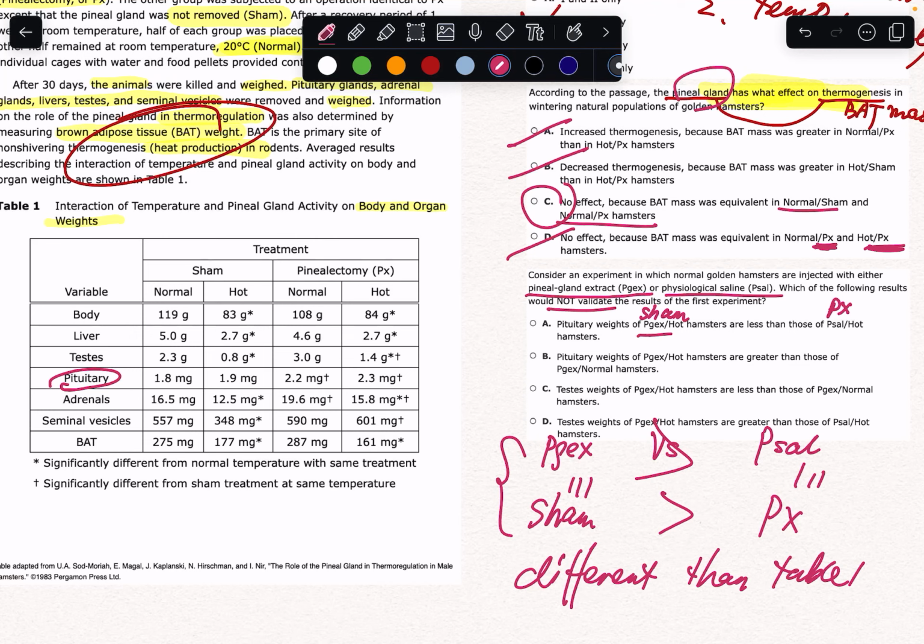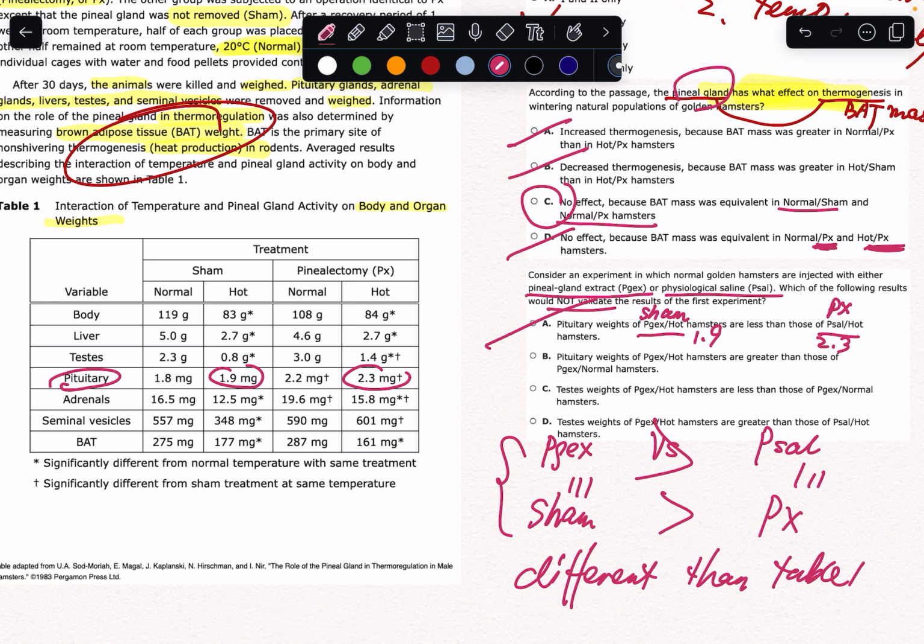Sham hot compared with PX hot: 1.9 is less than 2.3. Yes, it is, and it's also significantly less because of the cross sign here. So this is not different from my table. I'm not going to choose this.